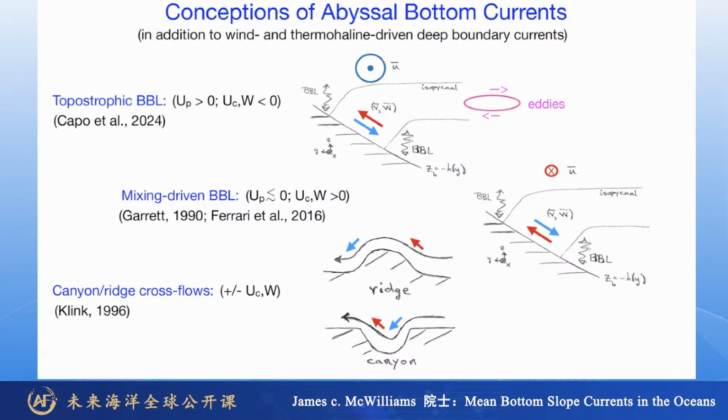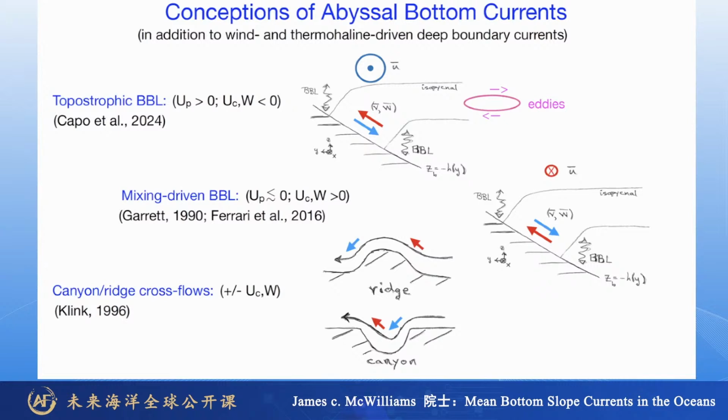One is the topostrophic conception, which I just talked about, in which you see the cartoon there. It makes a mean flow along the isobaths, caused by mesoscale eddies in the ocean, and the cross slope flow is downhill near the boundary in the bottom boundary layer and uphill above.